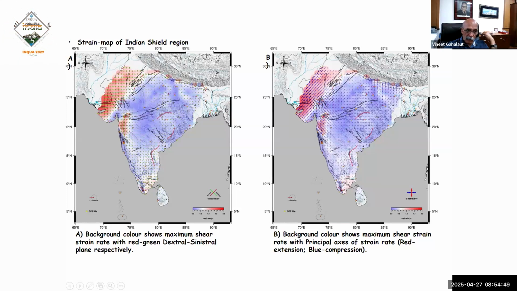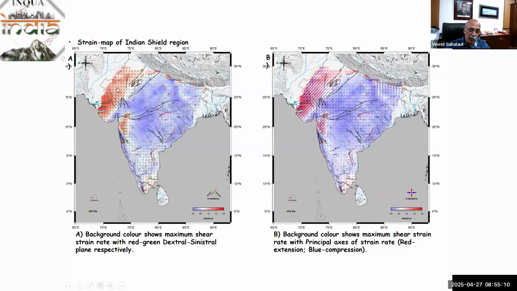Mind you, the network is not so strong as to define the exact boundaries, but nevertheless, the Delhi-Aravalli fold belt here provides a boundary in which just west of it, the plate is moving slower than the rest of the plate here. It's moving slower by 1 or 2 millimeter per year.